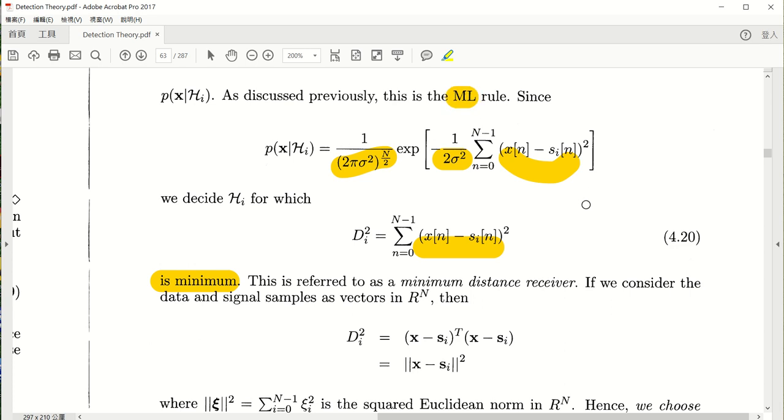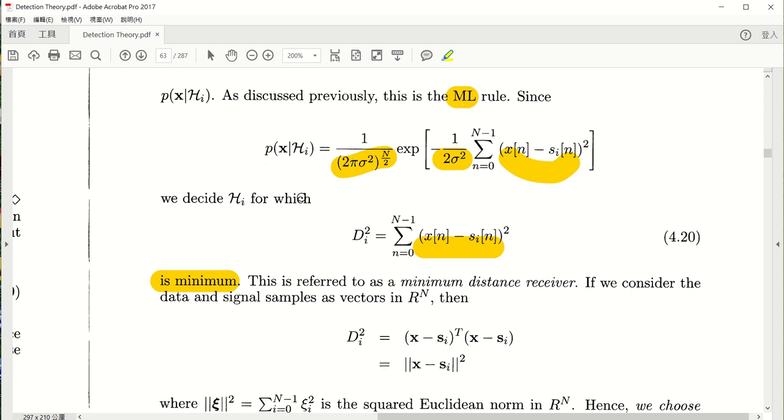Is that understandable to you? If not, take it easy and slow down a little bit and think about it clearly because this is a very fundamental concept. So I'm going to say it again. If this is the smallest, the minimum, this whole thing is maximum, which corresponds to maximum likelihood.